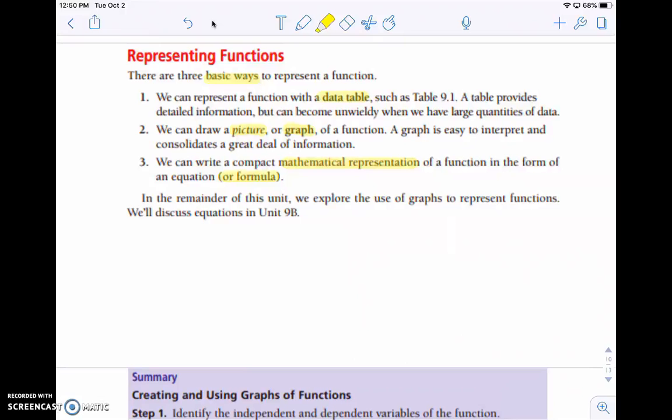Sometimes people say a formula, like f of x equals 3x plus 2 or something like that, where that mathematical formula will model or represent whatever we're trying to model. So we're going to explore the use of graphs to represent functions. We're going to discuss that in 9b, but there's 3 basic ways.